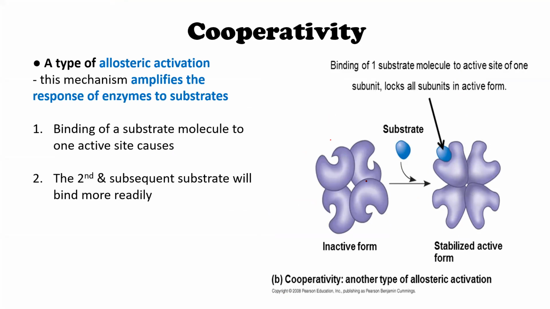So in order to stabilize the enzyme in the active form, for cooperativity the substrate becomes the activator that activates all the subunits. You only need 1 substrate to bind to one of the active sites, and it causes all the subunits to be locked in the active form, with all active sites stabilized in the active form.